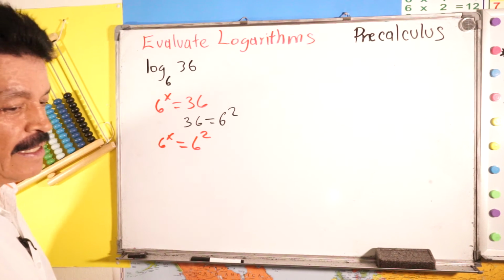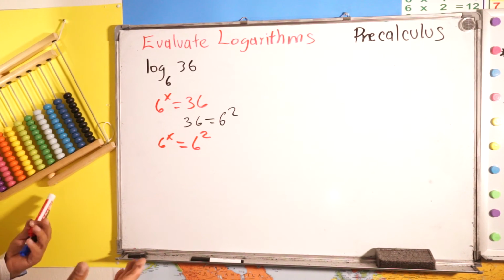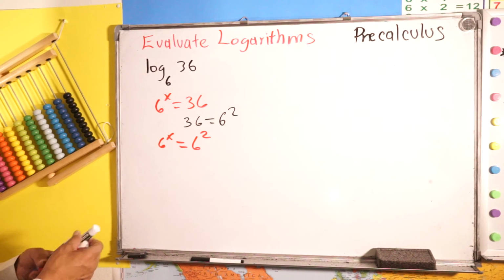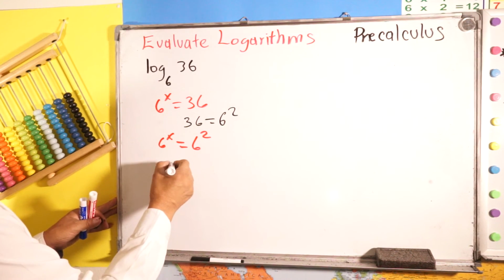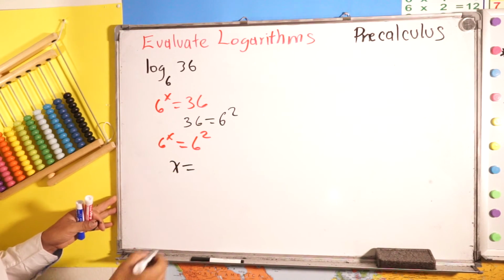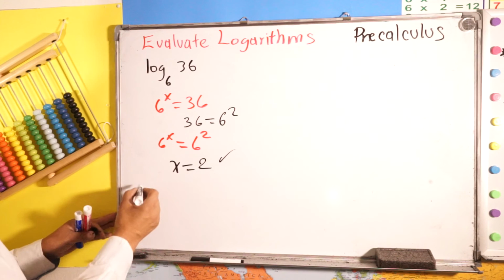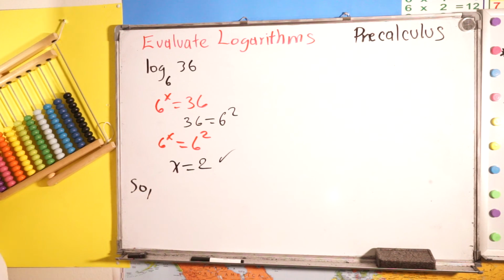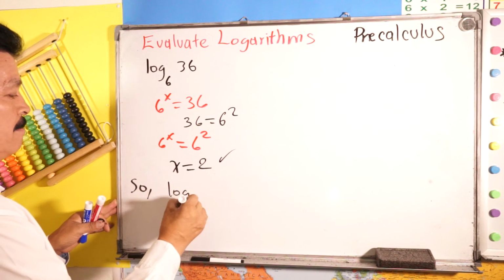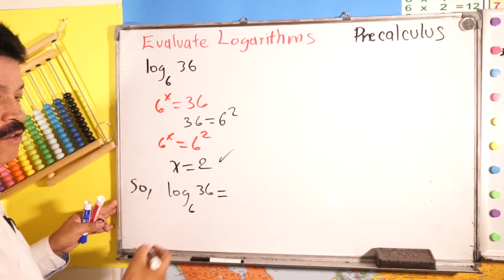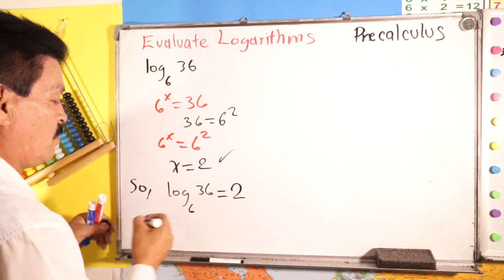Then set the exponents equal, so x equals 2, right? So our conclusion: log base 6 of 36 equals 2, right?